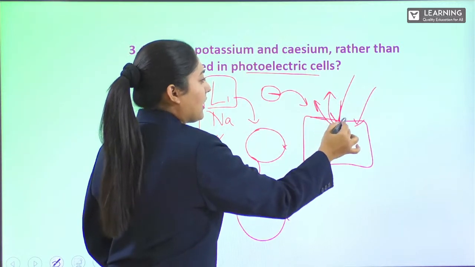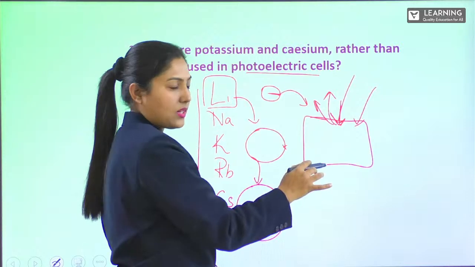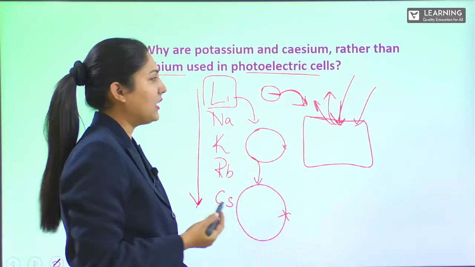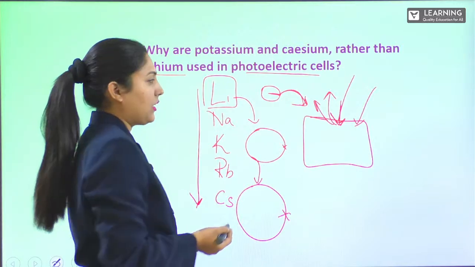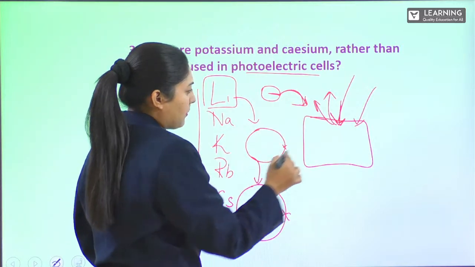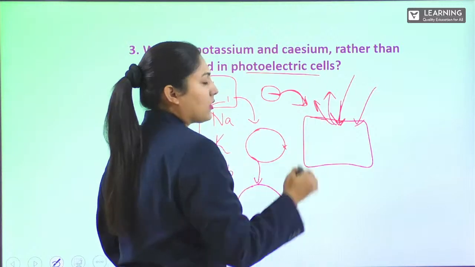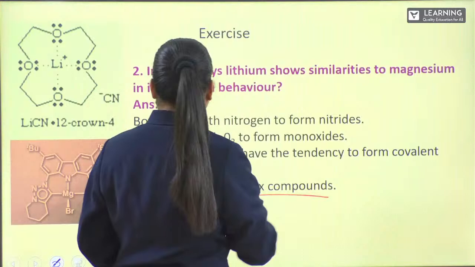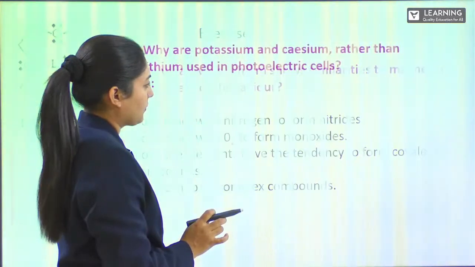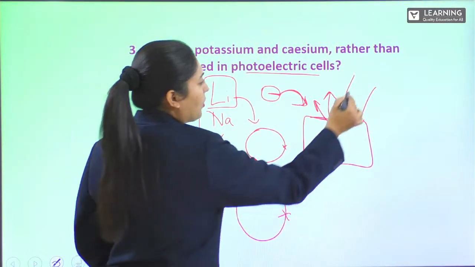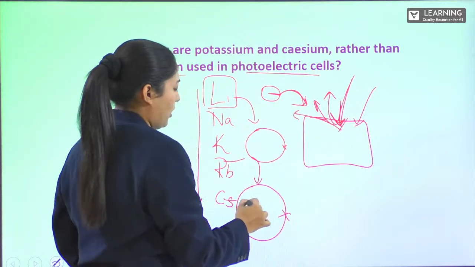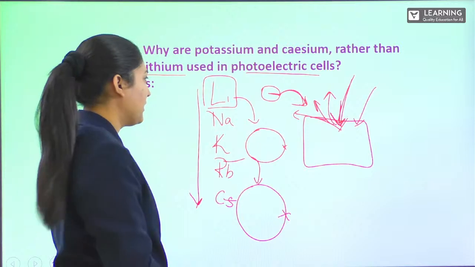If the metal needs more energy to give up the electron, then it will be difficult to run this electric cell, right? So if you take potassium and cesium as the plate or the reflector, a very small amount of energy is required to remove the electron, and you can easily remove them.